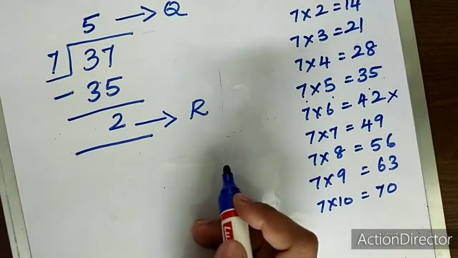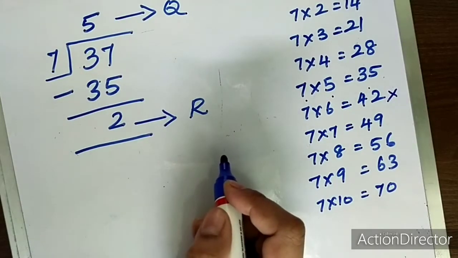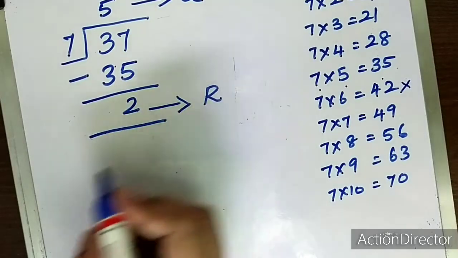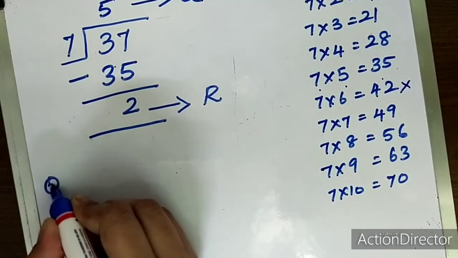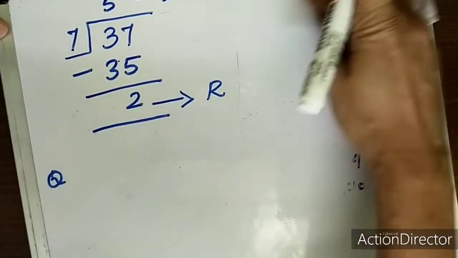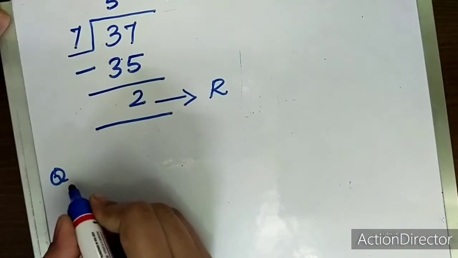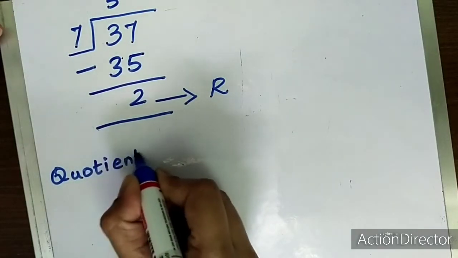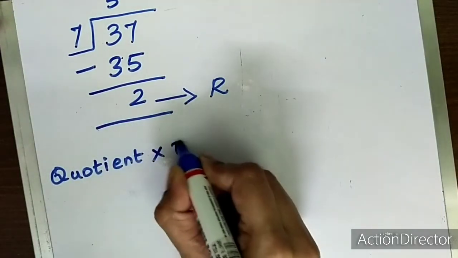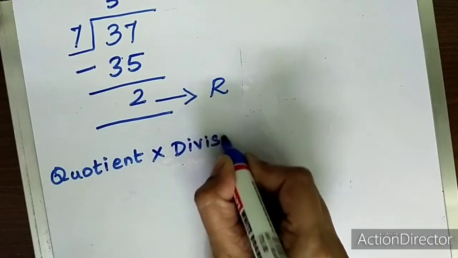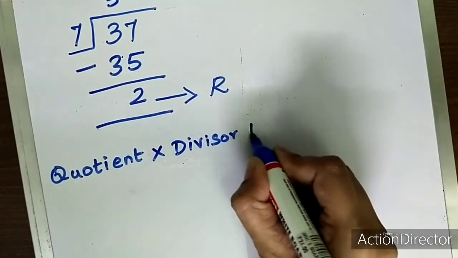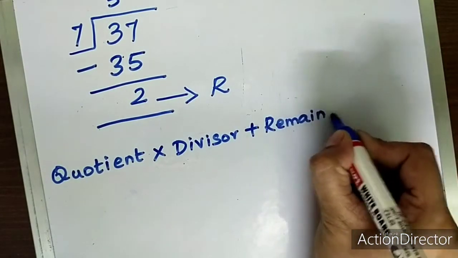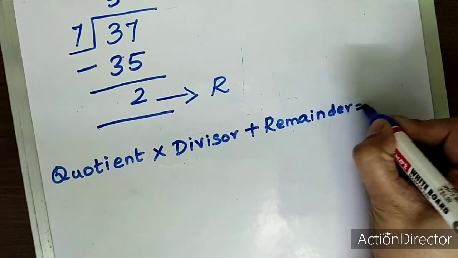Now we are going to check. So how are we going to check? We have a formula to check the division. Let us see what the formula is. That is quotient into divisor plus remainder is equal to dividend.